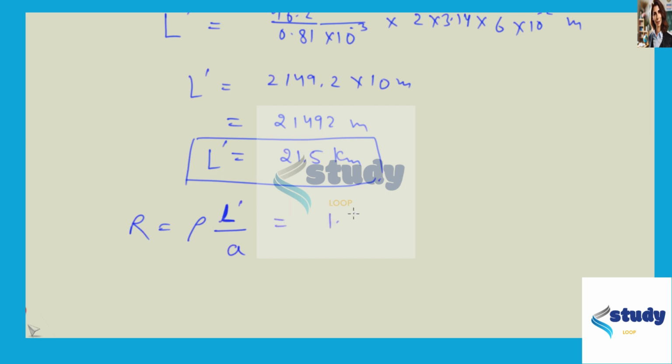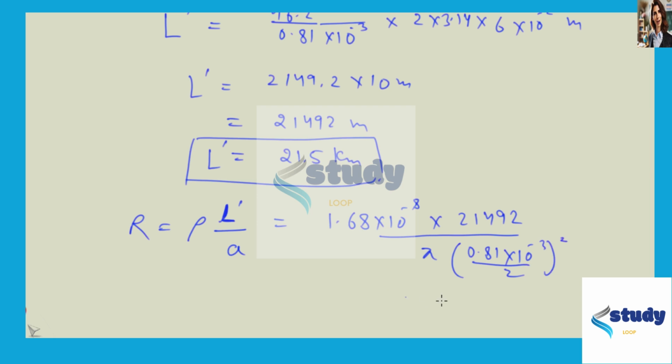We know the resistivity of copper is 1.68 into 10 raised to the power minus 8 multiplied by 21492 meter, divided by the area pi r square, where r is the radius of this wire, 0.81 into 10 raised to the power minus 3 by 2, to the whole square. So finally, the resistance comes out to be 701 ohm, or we can say 0.7 kilo ohm, and this is the third and last answer of the given problem.